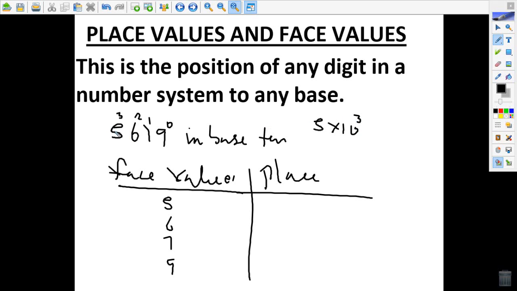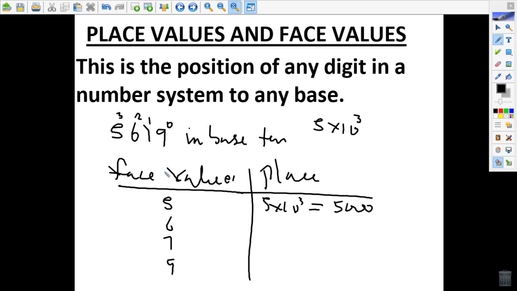So 5 times 10 raised to power 3 is the place value of 5. That is 5 times 1000, which gives you 5000. So the place value of 5 is 5000.